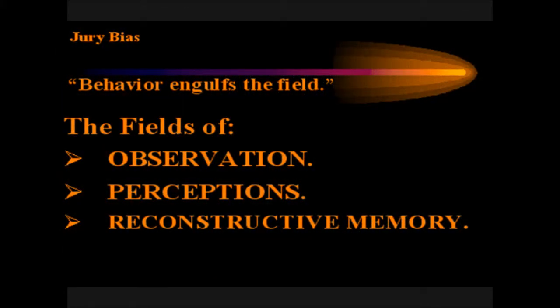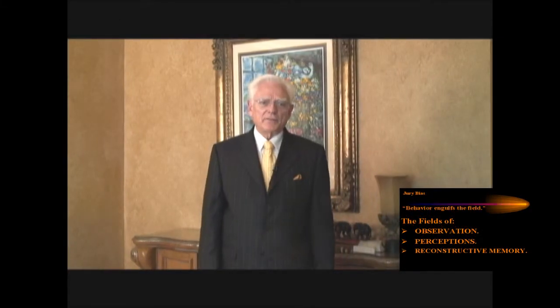When people observe, they observe behavior. The fields of perception, their perceptions are grounded in the behavior. And in reconstructive memory, when they're recalling it later to testify at trial or to retell the story, behavior prevails. So fields of observation, perceptions, and reconstructive memory: behavior engulfs the field.